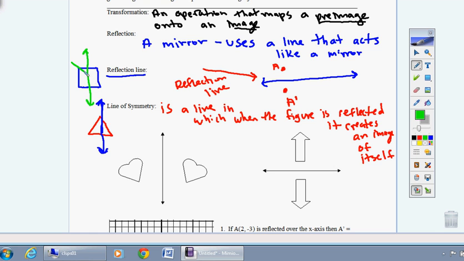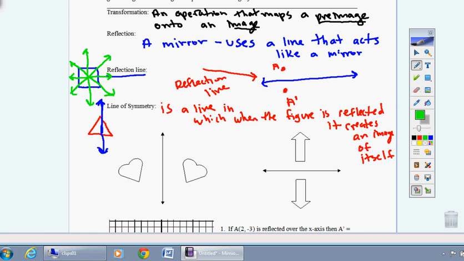There would be a line of symmetry that goes through these two vertices, because that would create two identical shapes on both sides of this line. Likewise with this vertex, and there'd also be a line of symmetry right there. So a line of symmetry is any line that you can draw through a figure that creates symmetrical parts on both sides of the line.